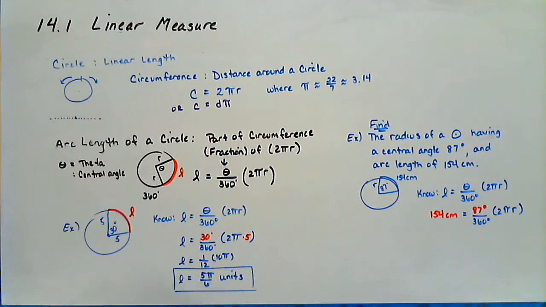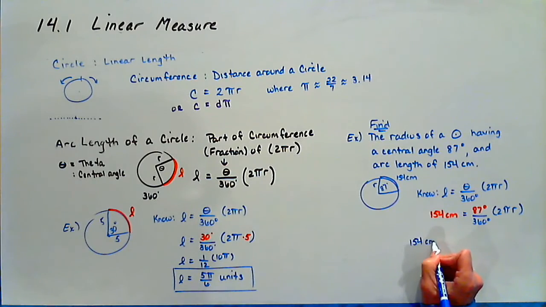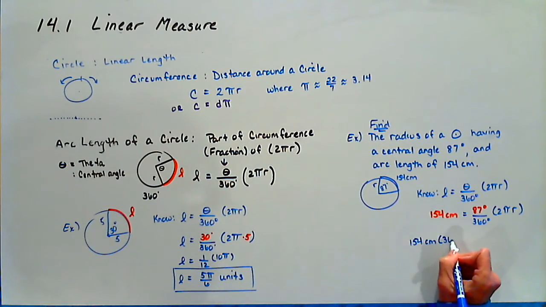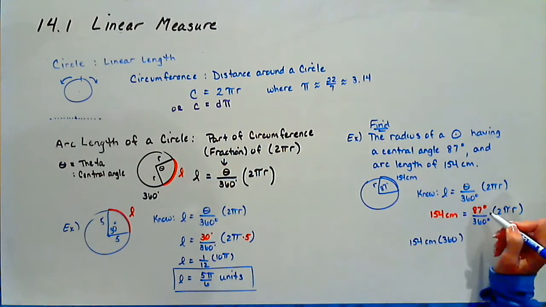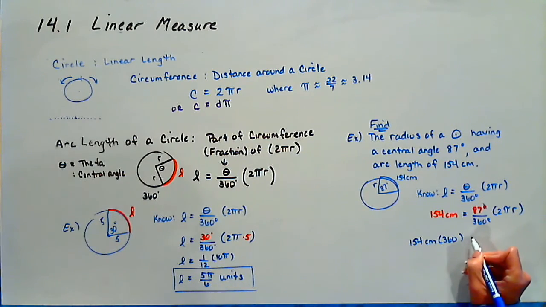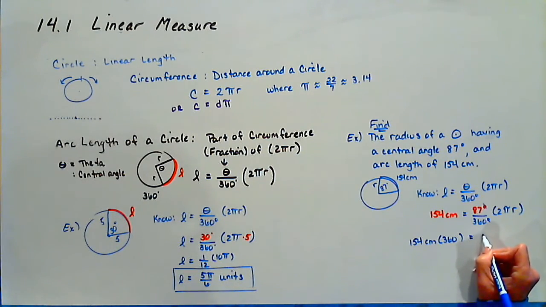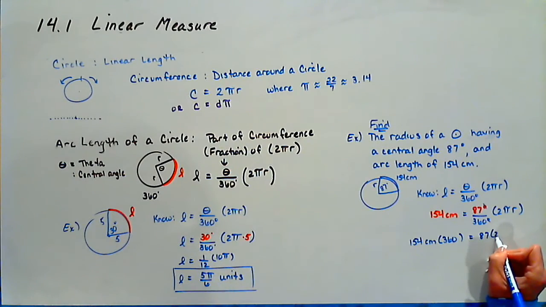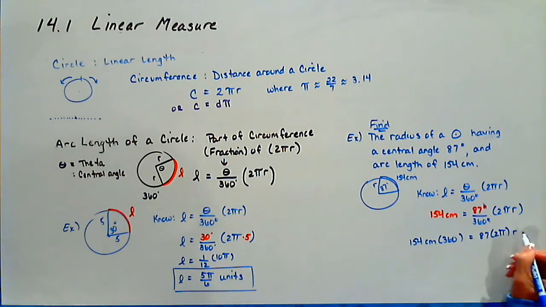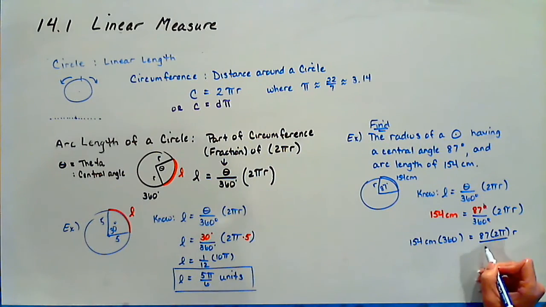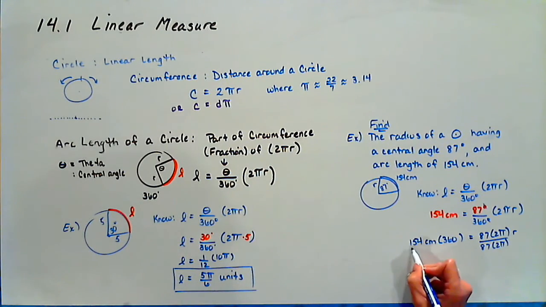If I cross multiply first, I have 154 centimeters times 360, because notice my degrees reduce, equals 87 times 2 pi times the radius. Since I'm solving for the radius, I'm going to divide both sides by 87 times 2 pi.